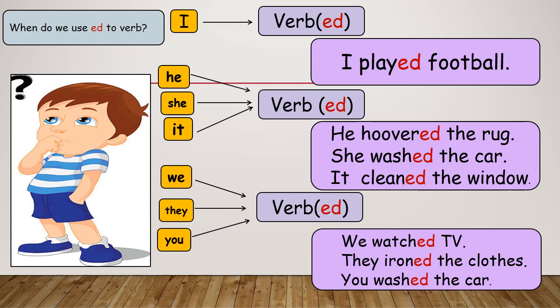When we use ed with the verb: I played football, he played tennis, she played basketball, it played with the ball, he hoovered the rug, she washed the car, it cleaned the window, we watched TV, they ironed the clothes, you washed the car.